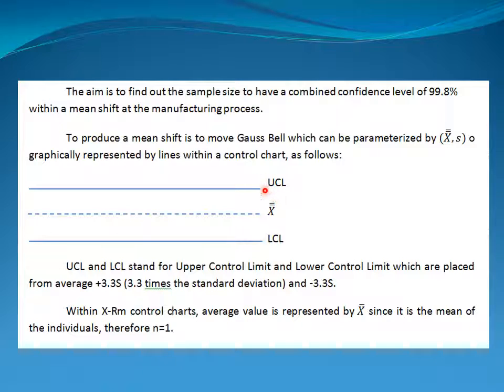These control limits are calculated from the value of the mean and are placed 3.3 or 3 standard deviations from the mean. The use of 3 or 3.3 is a decision that is based on how stable our process is.